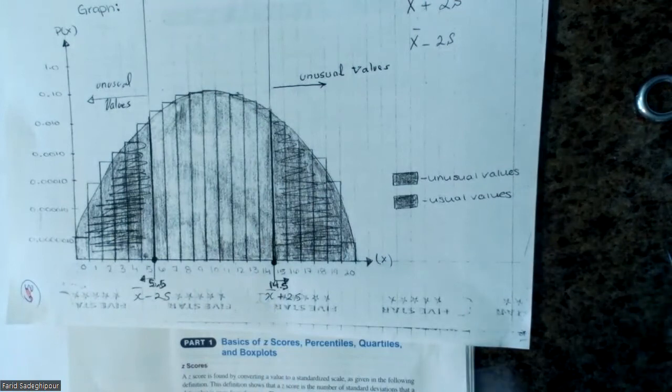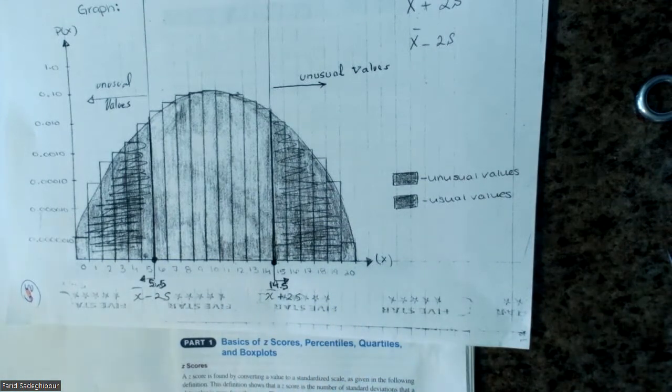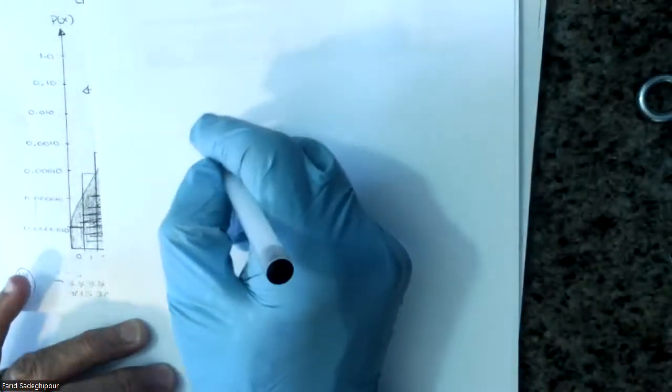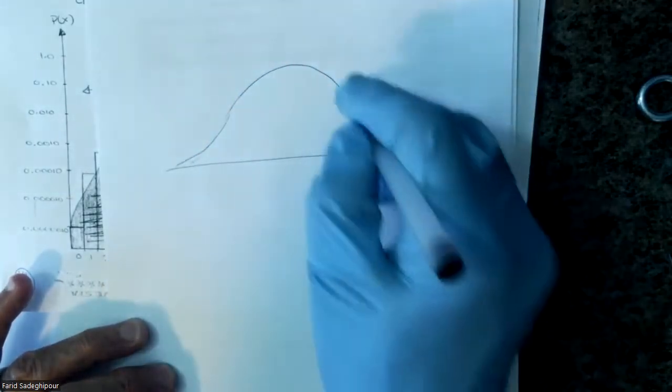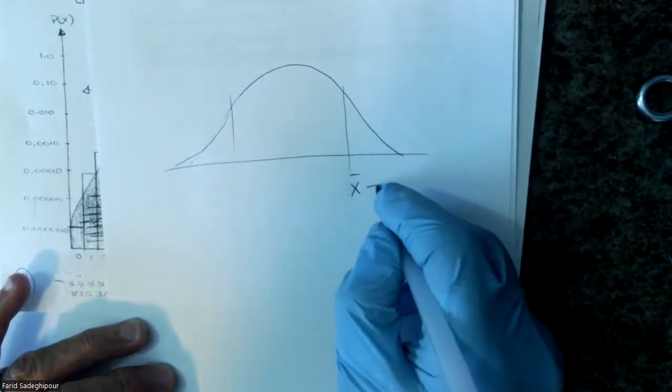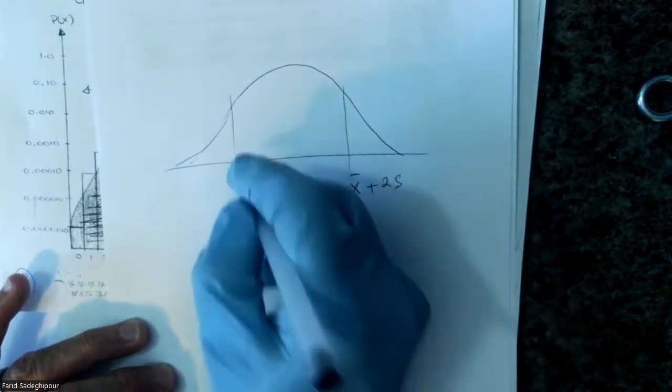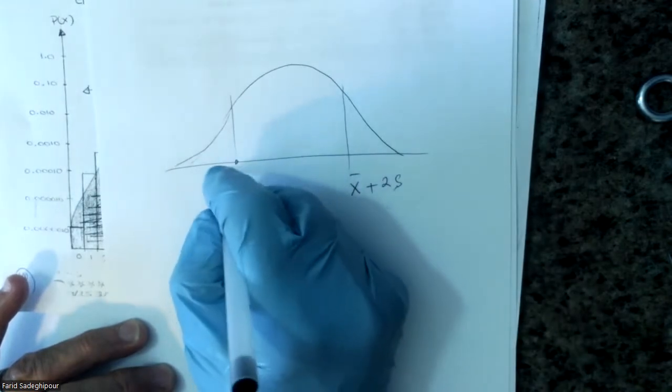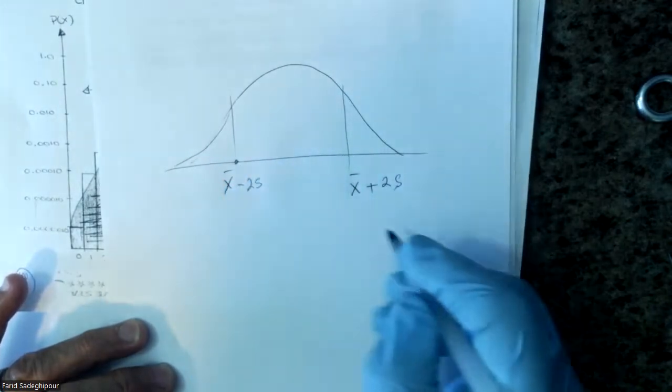Now, the Z is mean plus 2 standard deviations. So these 2 points are mean plus 2 standard deviations and mean minus 2 standard deviations.